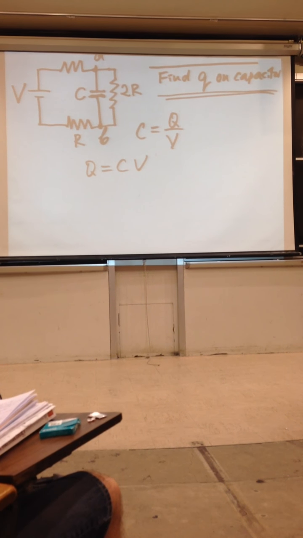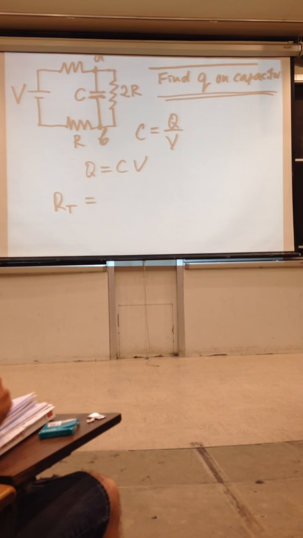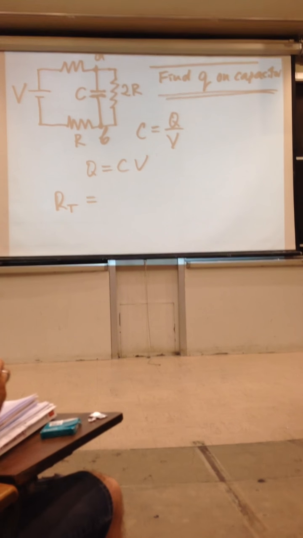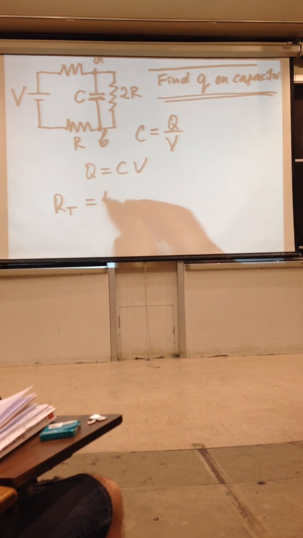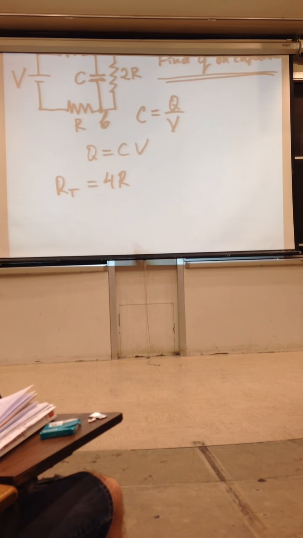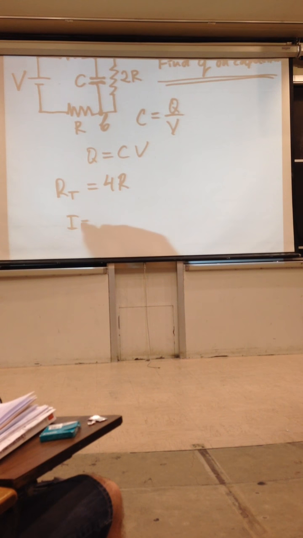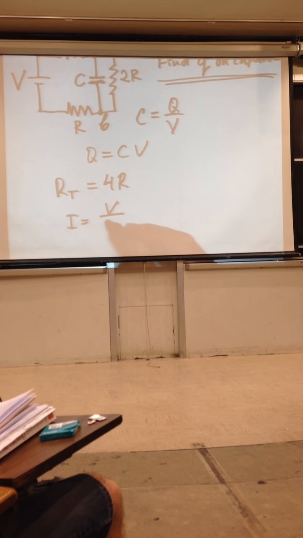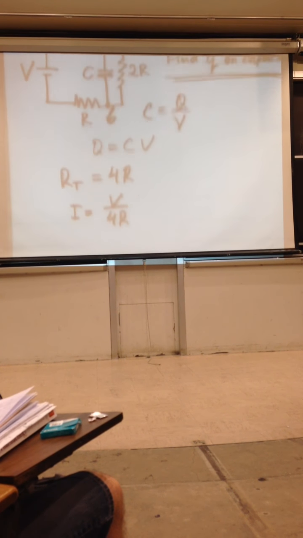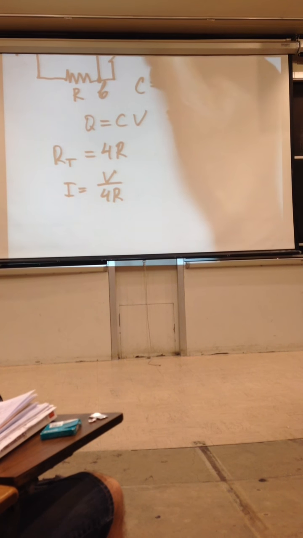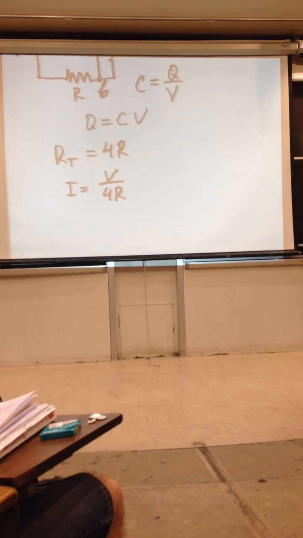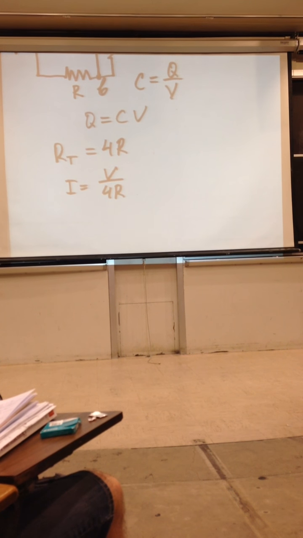So the total resistance R total is, because they are in series, 4R: R, 2R, and 1 more R. This is 4R. Now the current is total voltage divided by total resistance. Okay, this is the current flowing in your circuit, including this.